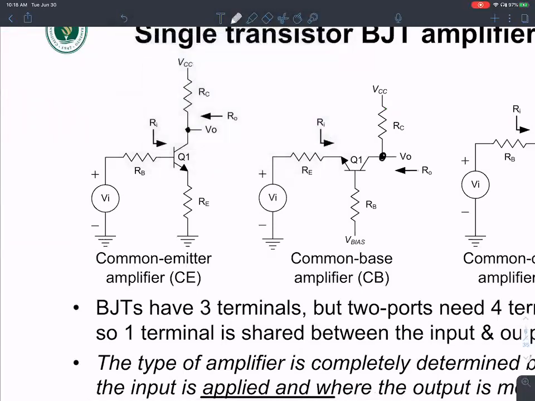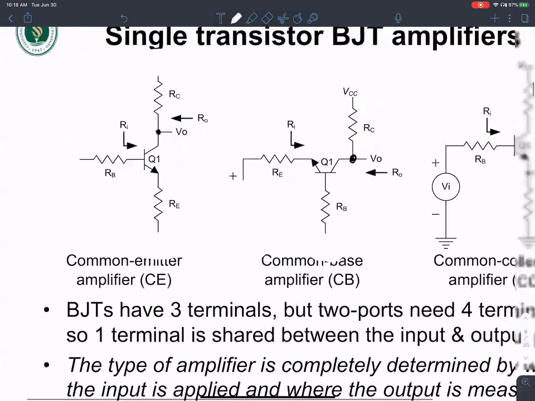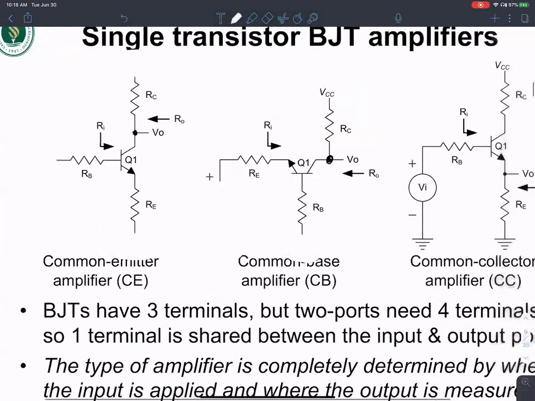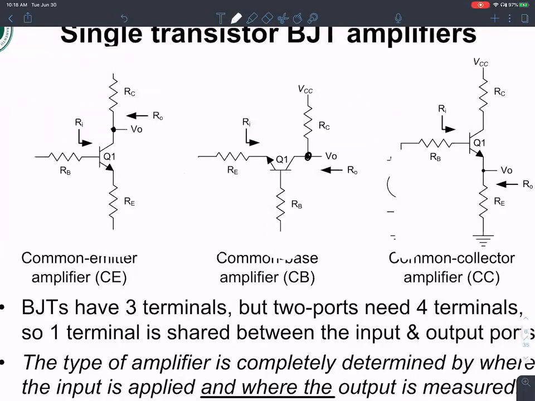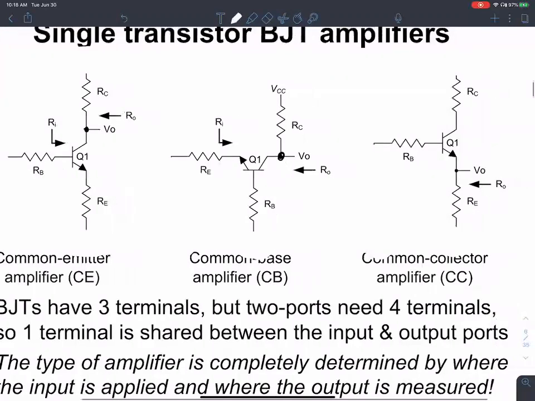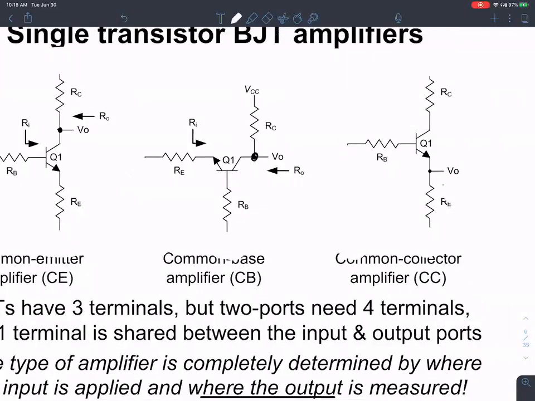The first thing we did was to get rid of all the inputs and see that they're all exactly the same. There is a resistance in the emitter, there's a resistance in the collector, there's a resistance in the base, when I'm not applying any input whatsoever.